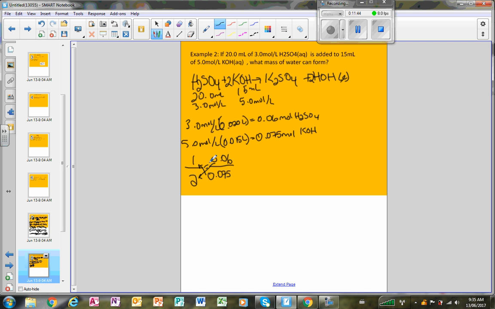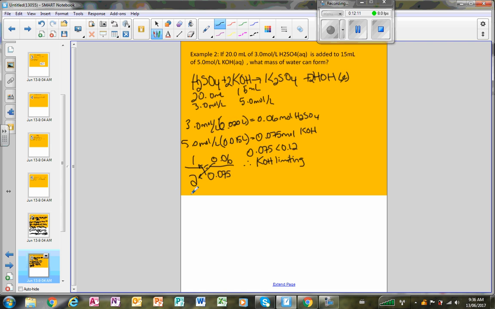So we look at cross multiplication, which means that 0.075 is going to be less than 0.12, which then tells us that KOH is our limiting reagent. Because this is our limiting reagent, it's going to be the number of moles that we use to figure out the rest of our question stoichiometrically.